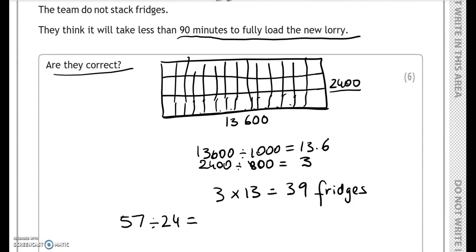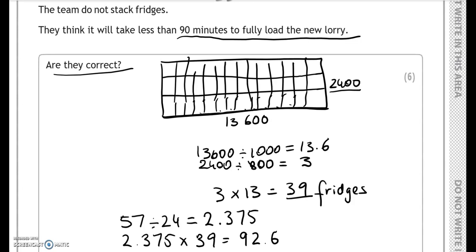So 57 divided by 24 should give us how long it takes for 1, which is 2.375 minutes. We got 39 of them, so 2.375 times 39 equals 92.625 minutes.